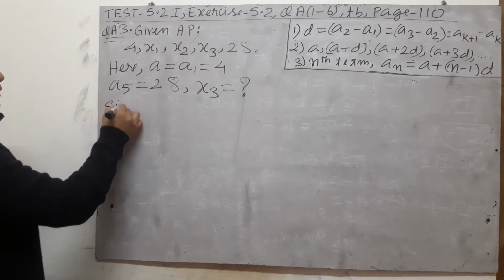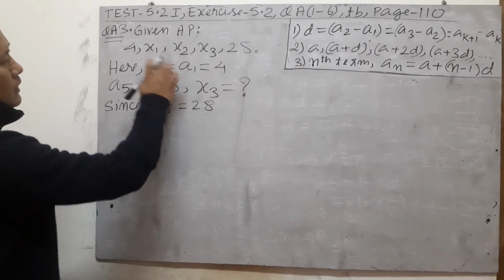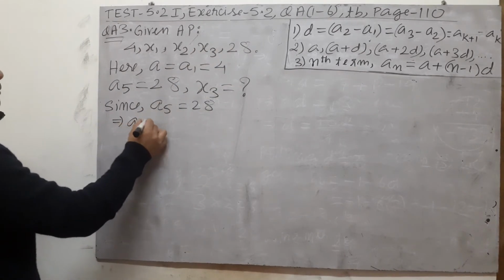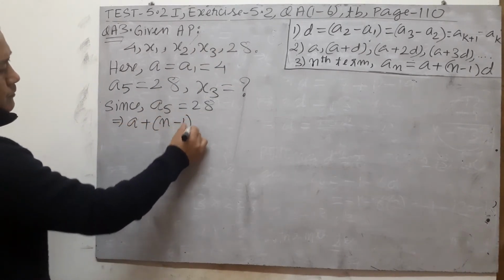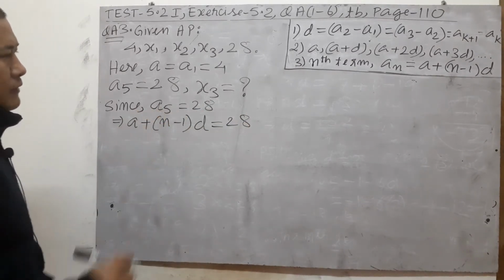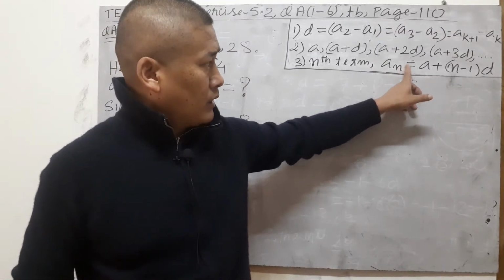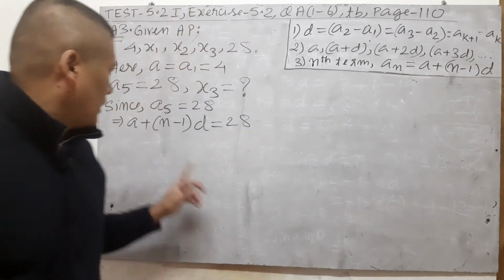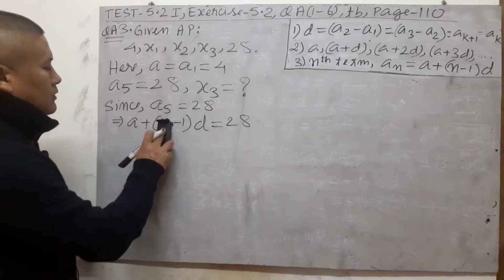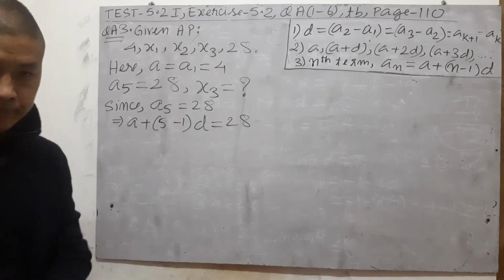So since we got from the question the information, the fifth term value A5 equal to 28, A1, A2, A3, A4, A5. Using this A5 formula in comparison with the formula an equals A plus n minus 1 into D, so you can write here directly, n value is there, so 5 minus 1.